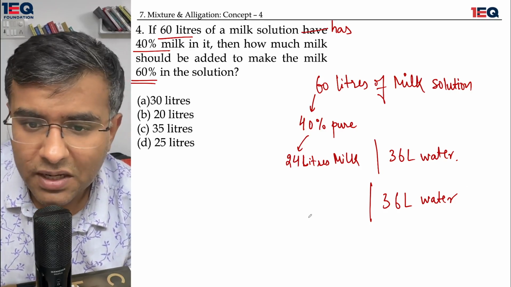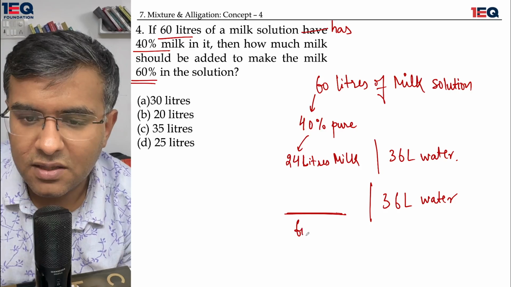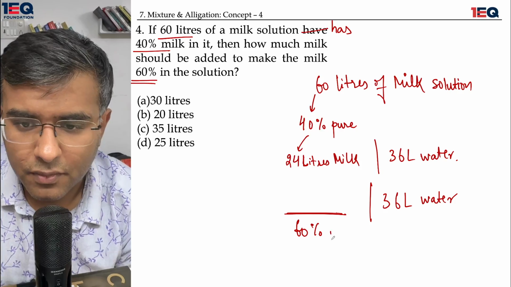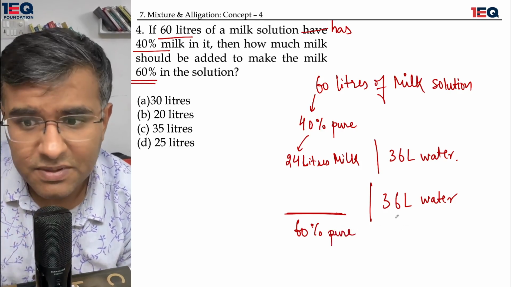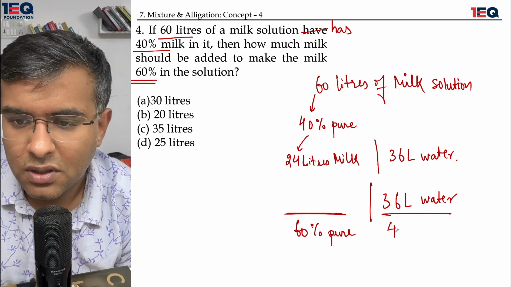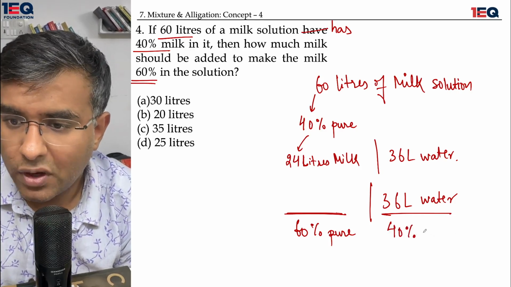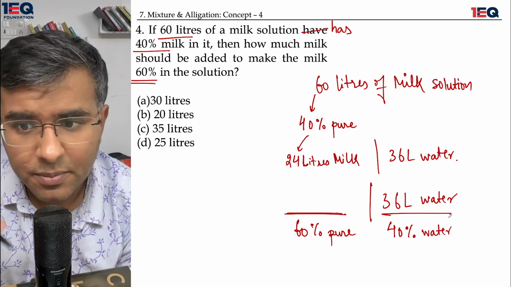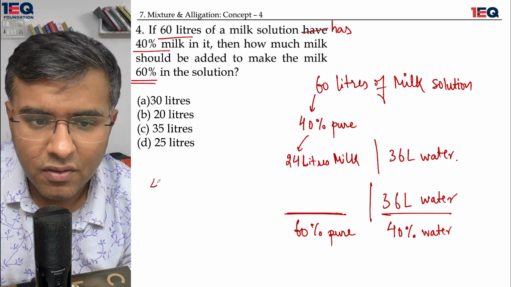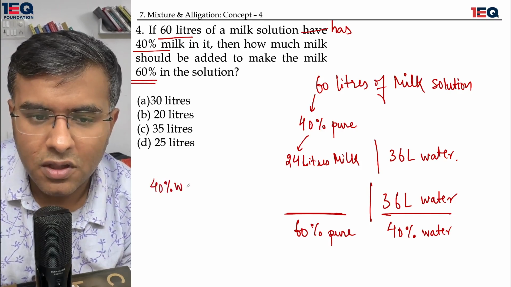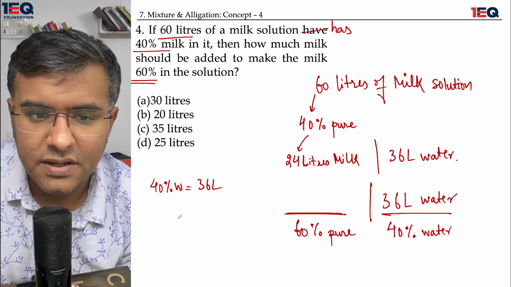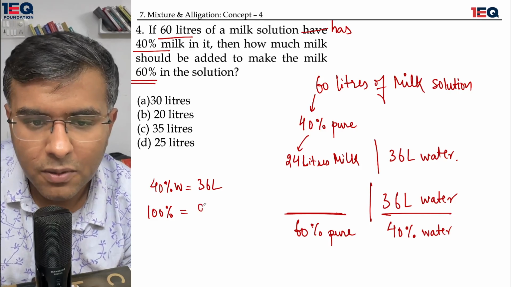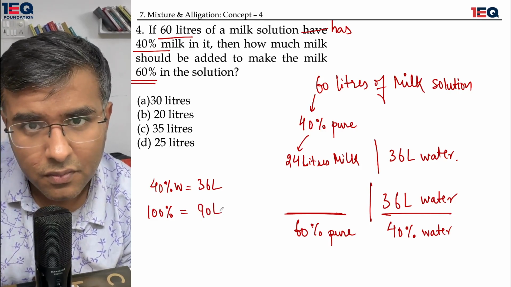Now, the milk in the new mixture is supposed to be 60% pure, so I can easily assume that 40% water would be in the picture. If 40% water is equal to 36 liters of water, then 100% of the mixture would be equal to 90 liters, right?